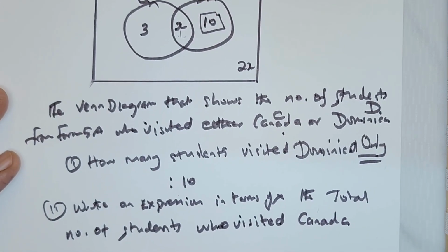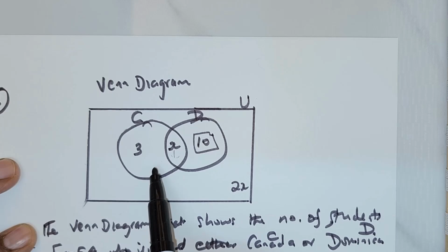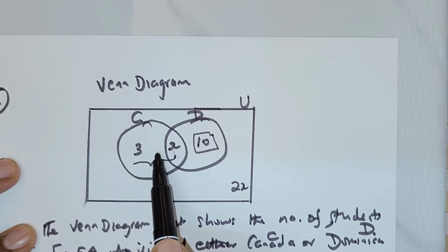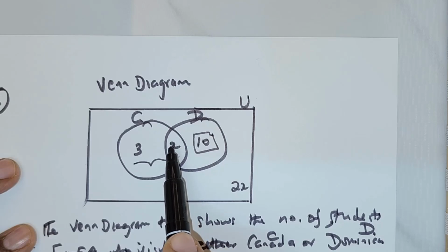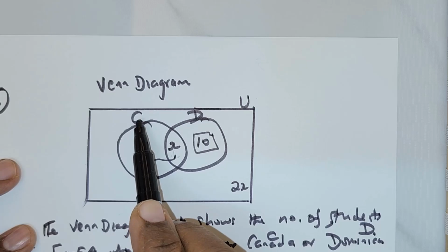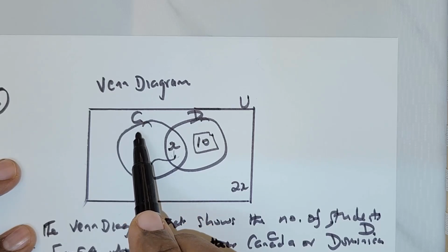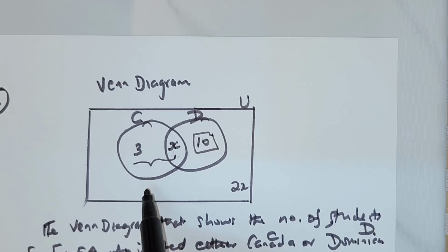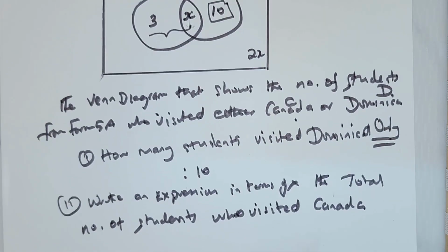So for that, what you need to do is you need to go back to the diagram and look for the following values which are present both in the intersection as well as outside the intersecting region, but falls in Canada, right? So x is actually the quantity which is present in the intersection, but we need to also look for the value that is outside the intersection.